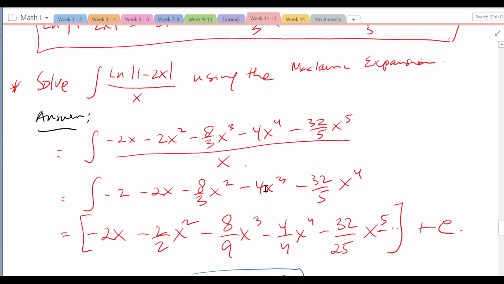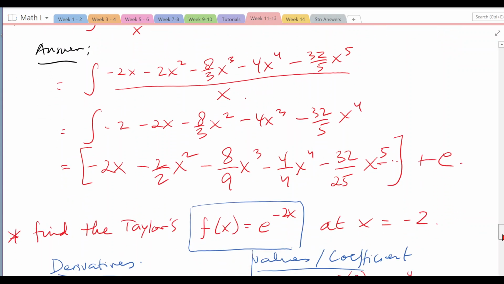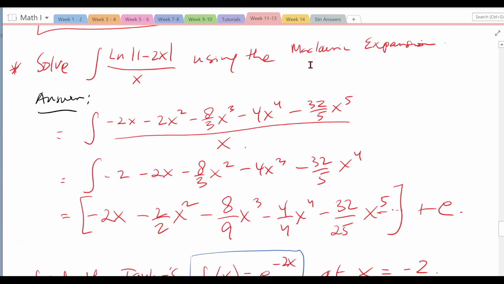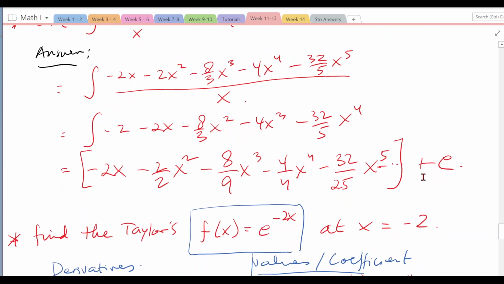Same thing here, negative 4 over 3 plus 1 becomes 4, so negative 4 over 4 x to the power of 4 becomes negative 1. And then the 5 also, the integral of 32 over 5 times 5 is 25, x to the power of 5, and so on. You can simplify that or leave it like this, it's fine too. So that's the integral using the Maclaurin series expansion of that function.